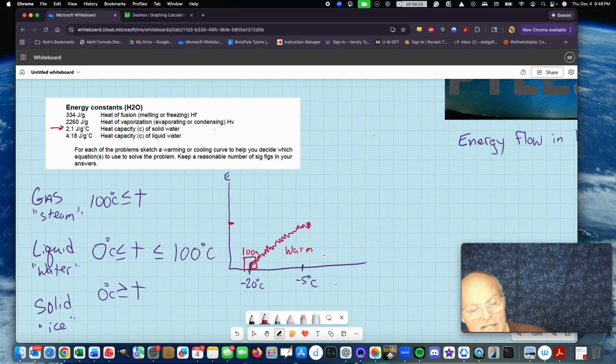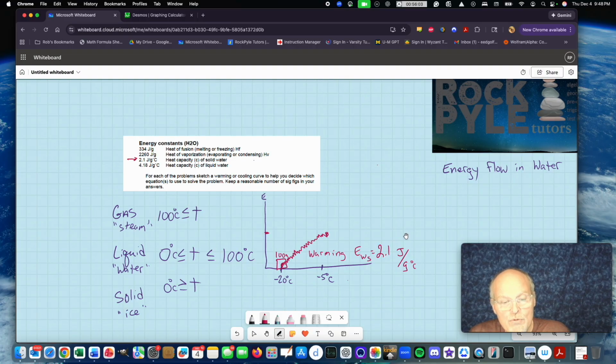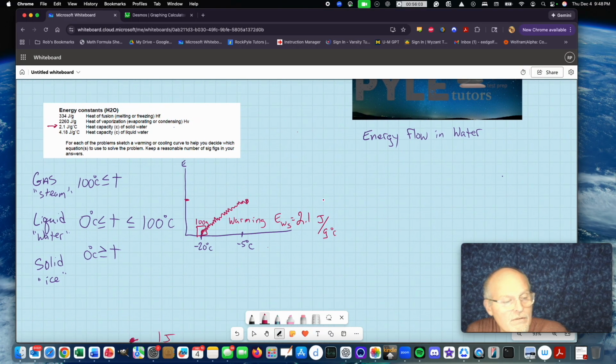You put energy into the system, and the energy of warming as a solid is 2.1 joules per gram degree C. And this is interesting because you can use the constant and look at the units and know what I have to multiply. So in order for that 2.1 joules, that is for 1 degree Celsius increase in 1 gram of water.